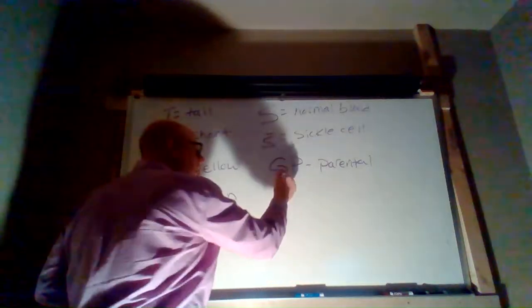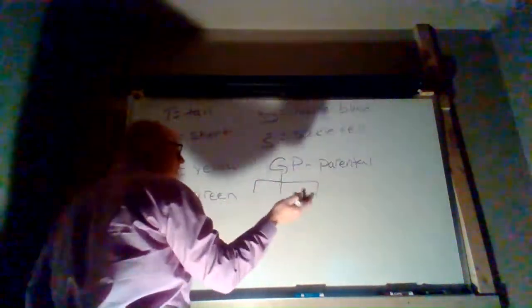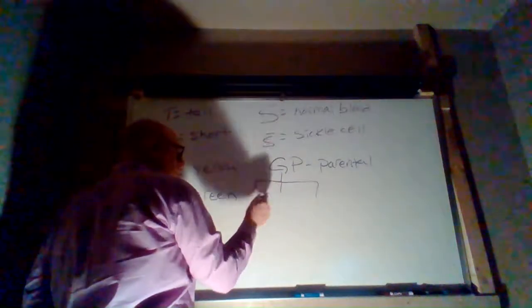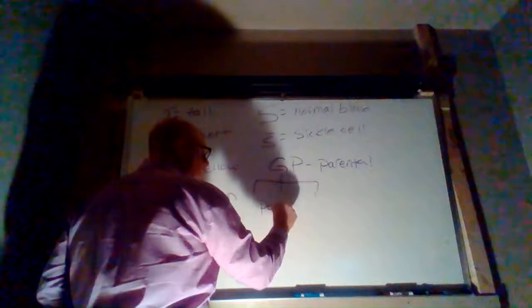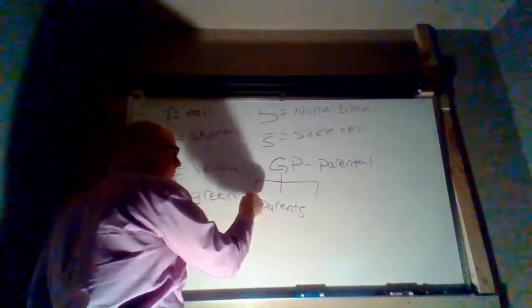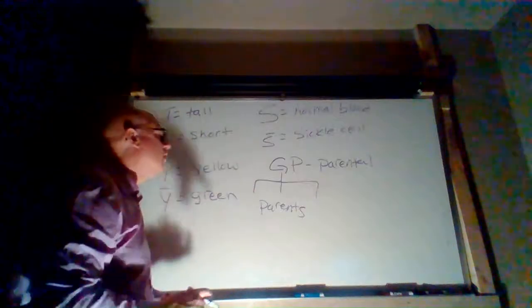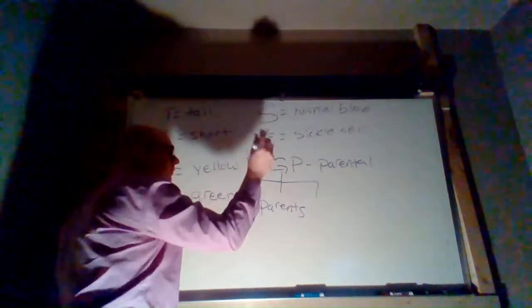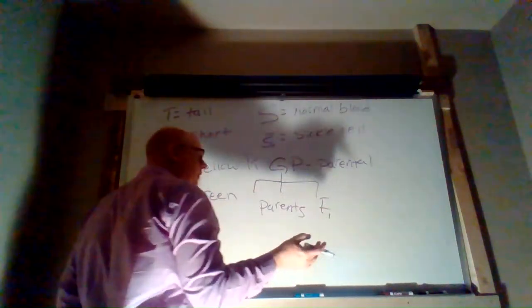Your grandparents would have, we'll say, 3 kids, and these would possibly be your parents. If this is one of your parents, then that would be your aunt and uncle, for instance. So this is your parental generation. This is your first or F1 generation.